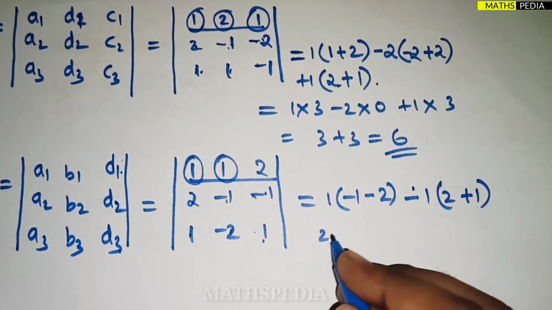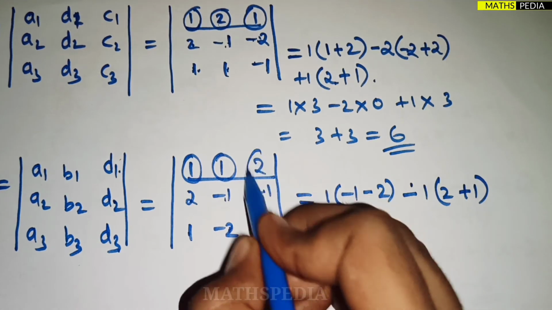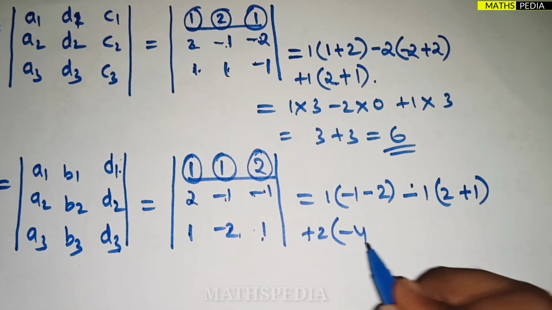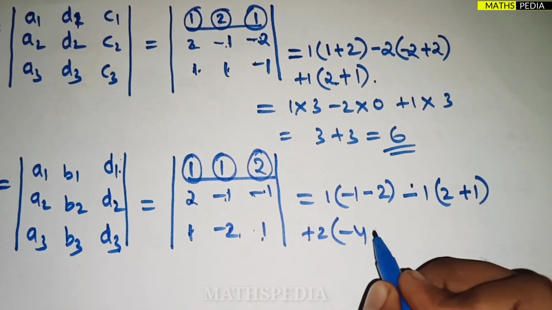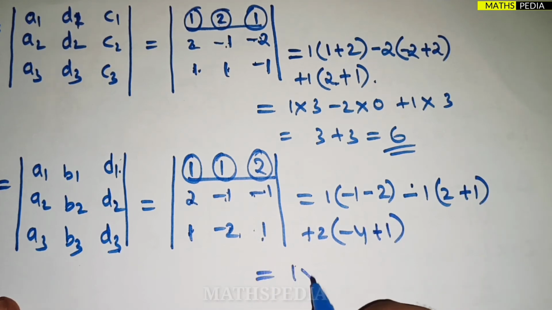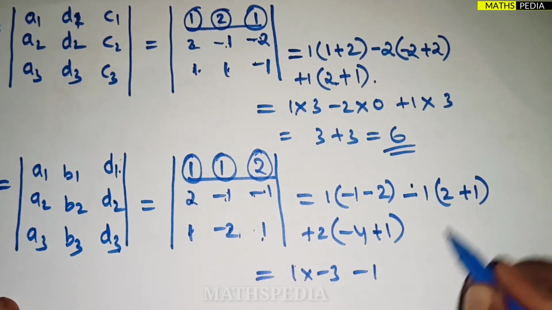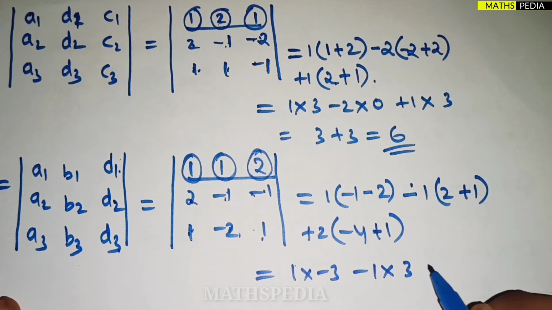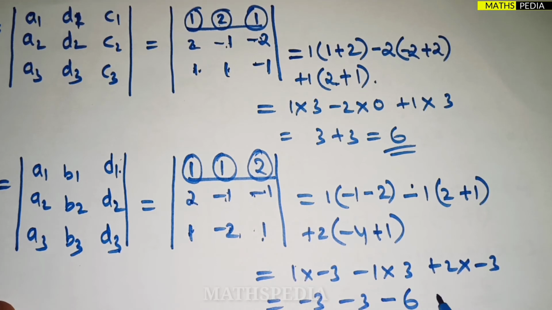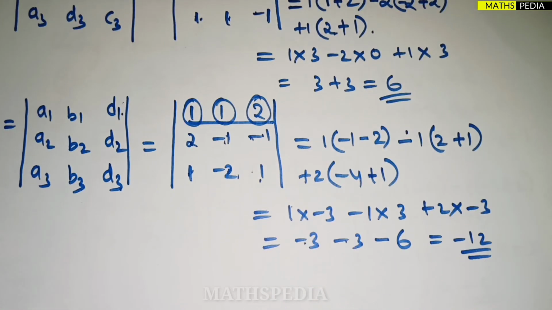Third element plus 2, ignore this column and row, minus 4 minus, so plus 1. Okay, so 1 into minus 3, minus 1 into 3, plus 2 into minus 3, so this will become minus 3 minus 3, this is minus 6, so what is the value? Minus 12. Yes, so our value is minus 12.